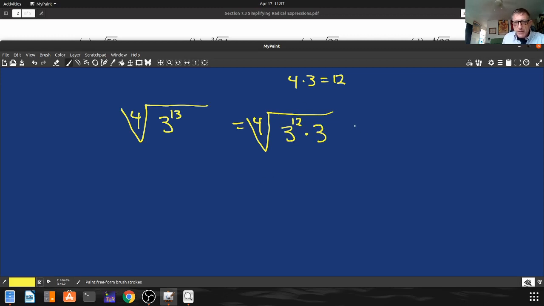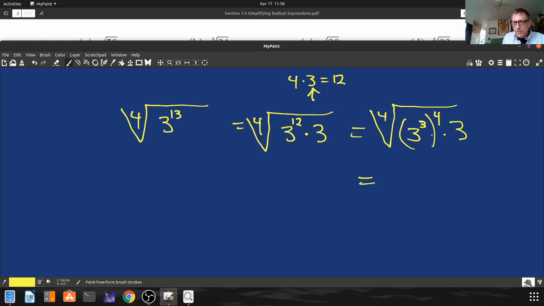And then 3 to the 12th is 3 cubed to the 4th power, times 3. And now I can simplify.